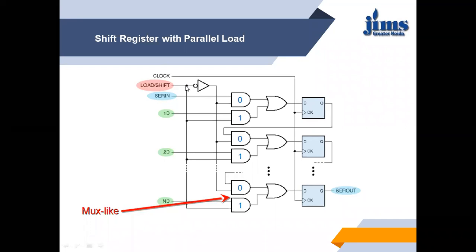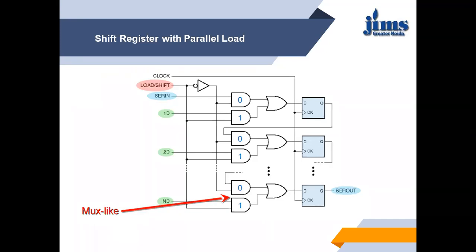Whenever this line is 0, the output of the inverter will be 1. So we can directly shift the data. The serial in data can be fed. The data out from the first flip-flop is fed to the level 0 input of the next AND gate, and that will be shifted. In this way we can do the serial in serial out shift register.